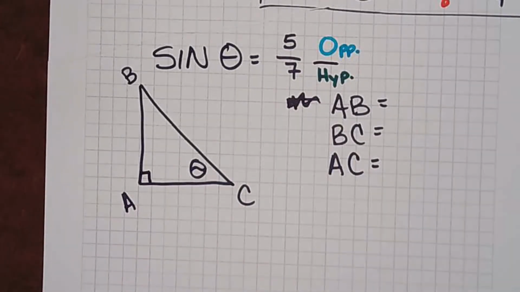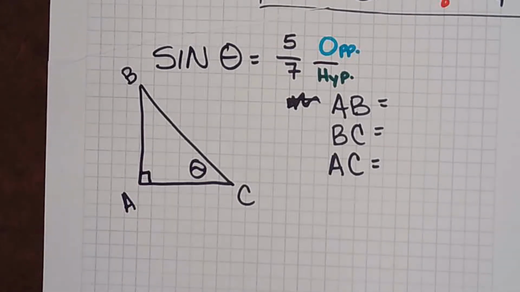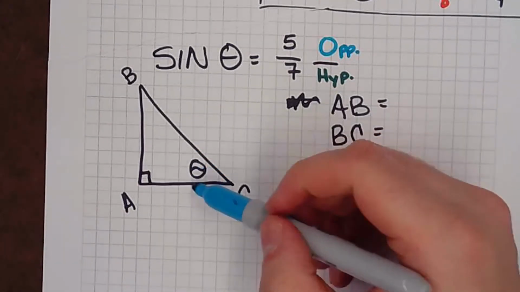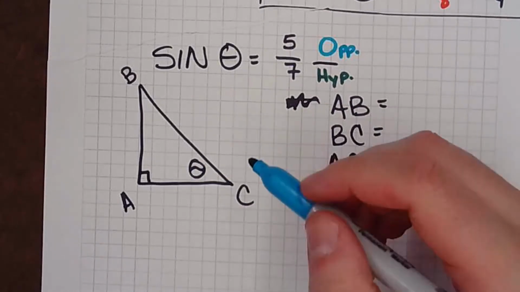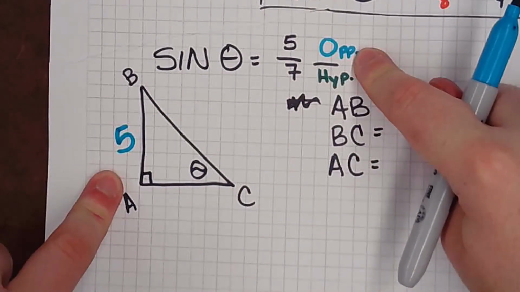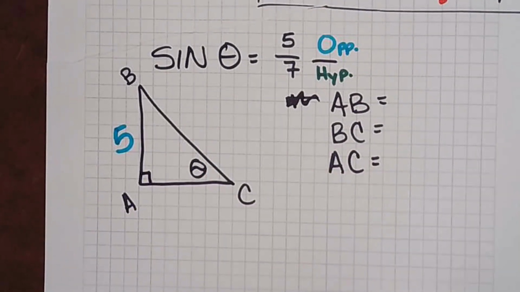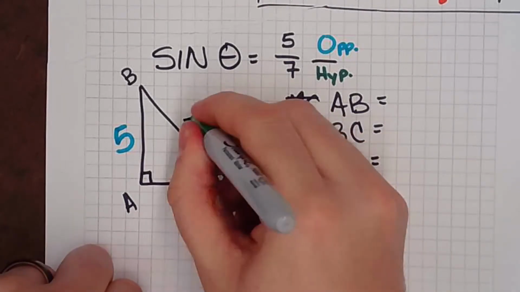So if the opposite side is 5, where's the opposite side? Here's theta. Somebody tell me the opposite side. AB is the opposite side, so the opposite side is 5. And the hypotenuse is the one across from the 90 degree, right? So that one, it must be 7.